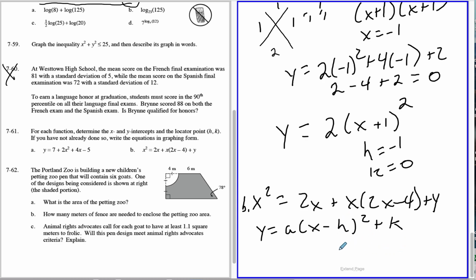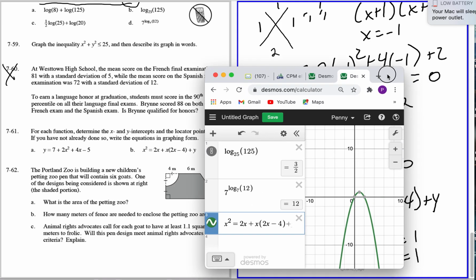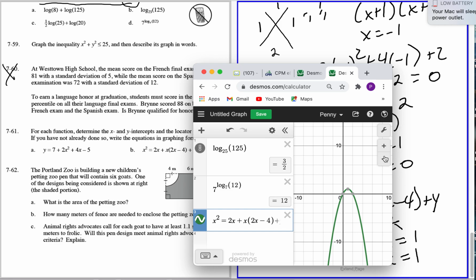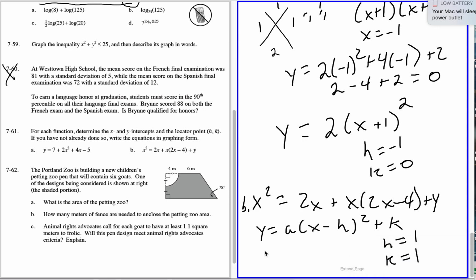So my h is 1, my k was 1. My only question is if I go over 1, down 1, over 1, down 1, my a is also 1. So I got y equals x minus 1 squared plus 1.